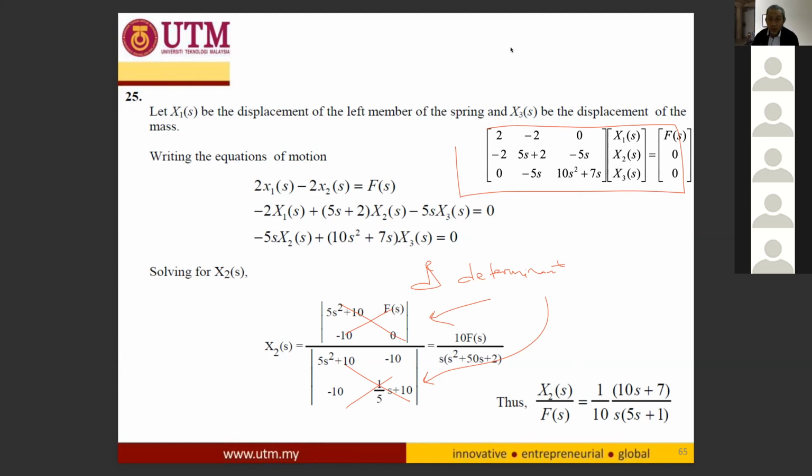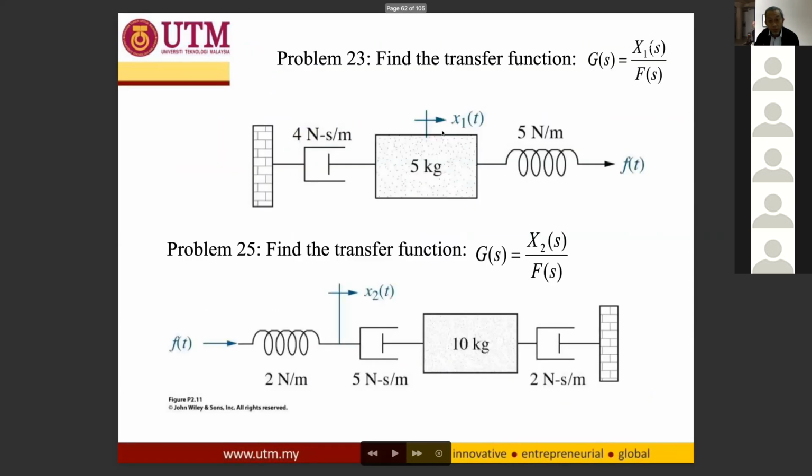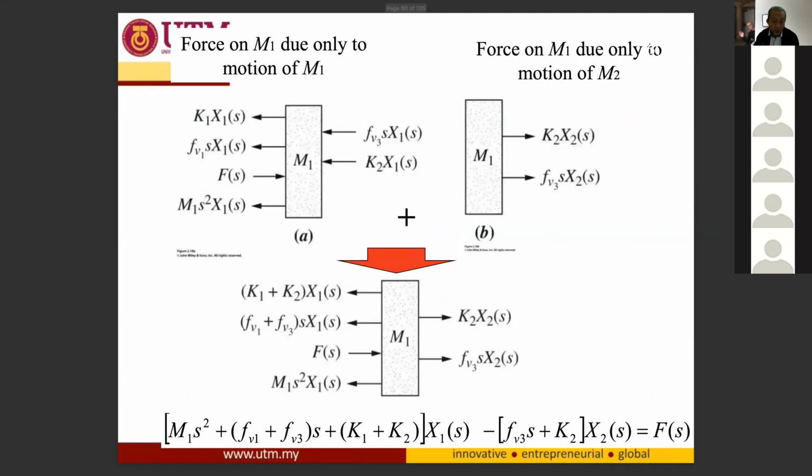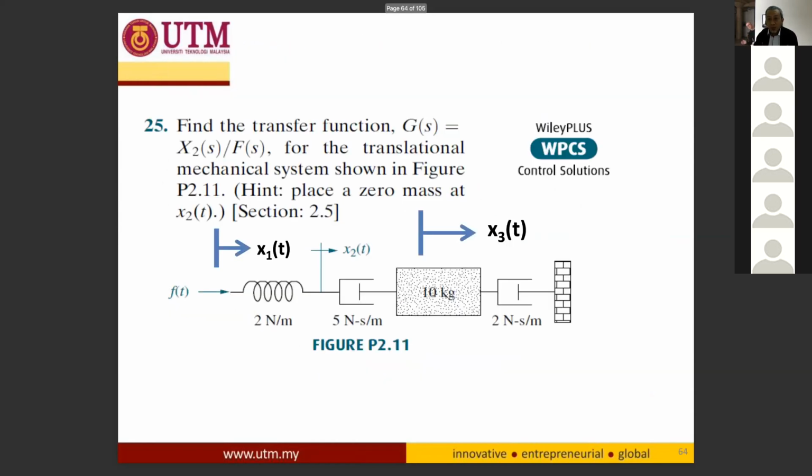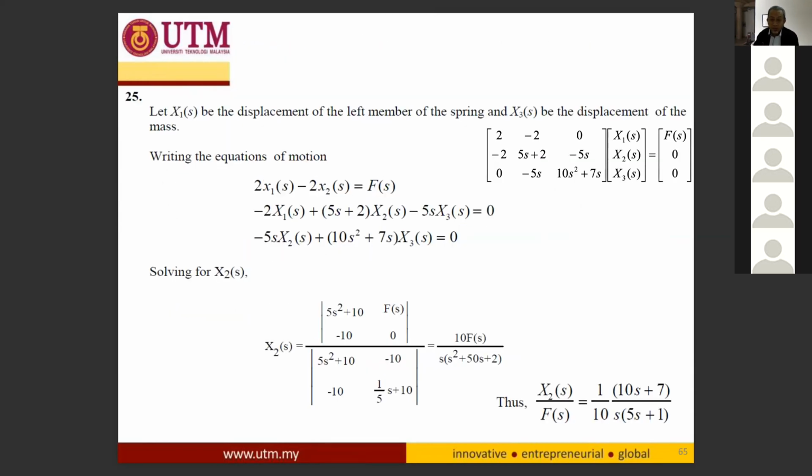You can apply this to the previous examples, which is here. This one has x1 and x2, and x1 and x2. So in order to find x1 over F or x2 over F, you can use Cramer's rule to get the transfer function straight away.